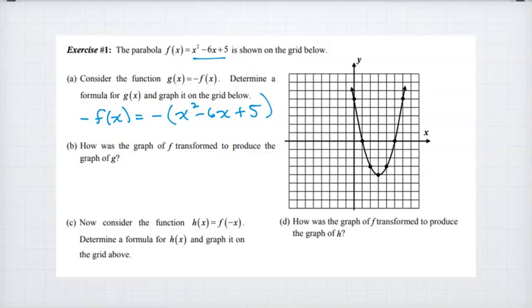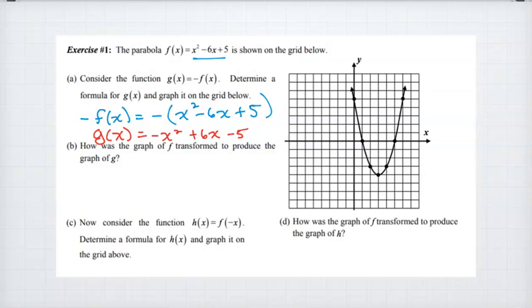This function g of x, which is equal to negative f of x, is negative x squared plus 6x minus 5. And so now we would like to graph that function.